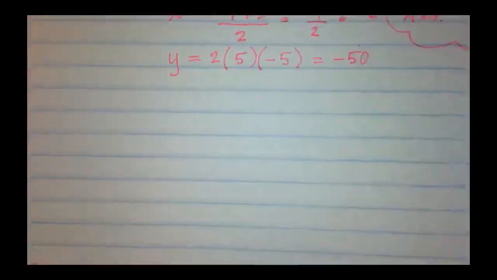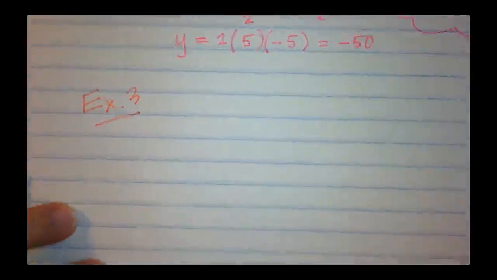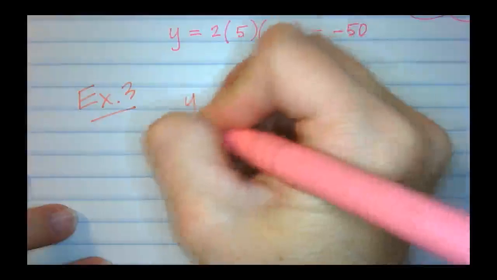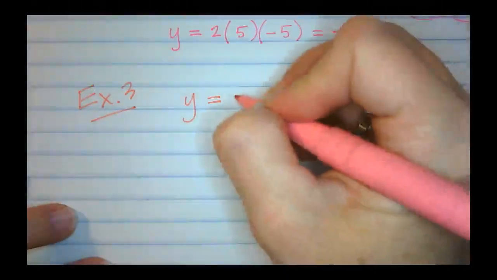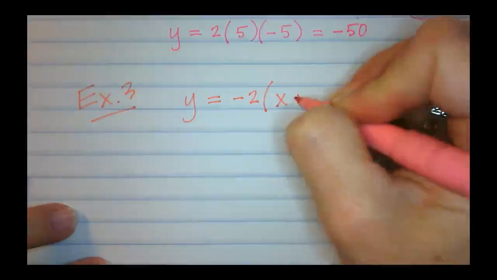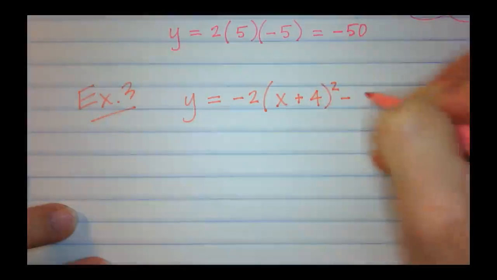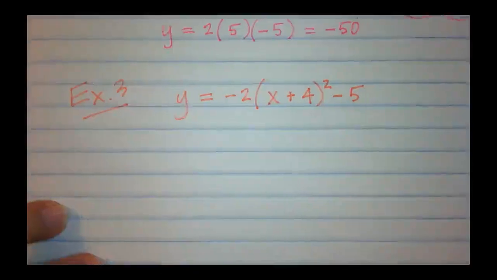So I guess next one should be, you got it, vertex form. All right, here we go. Example 3. So let's say that y equals -2 parentheses x plus 4 squared minus 5.